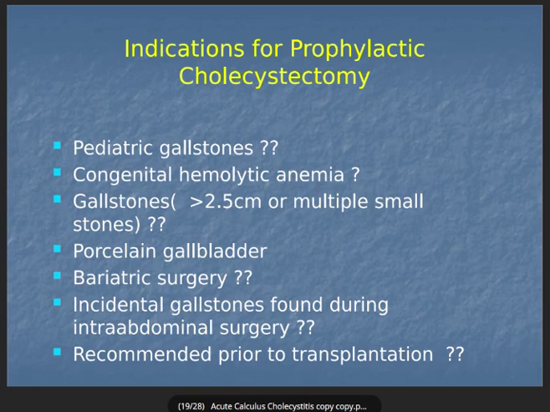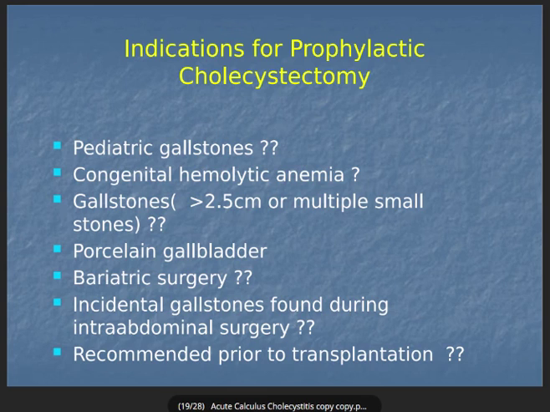These are not prophylactic anymore. The patient has complained, even of a minor complaint, like minor pain for 1 hour, and you are sure it is the cause. You investigate, do all your work, and then you take the gallbladder out. No problem, but this is not prophylactic. What is the meaning of prophylactic?